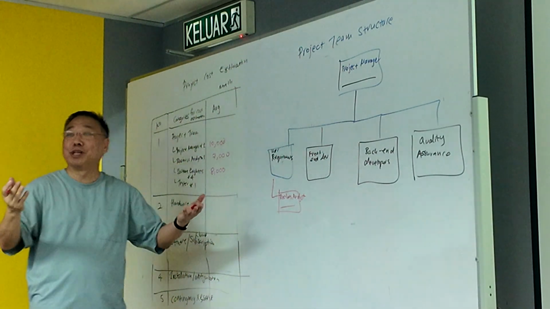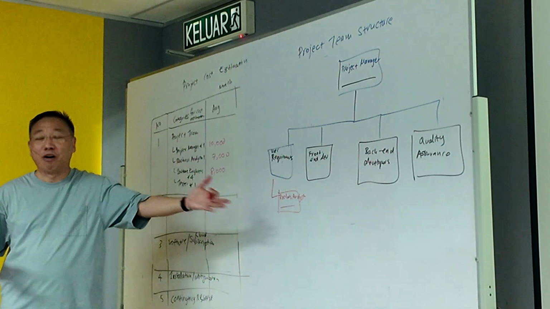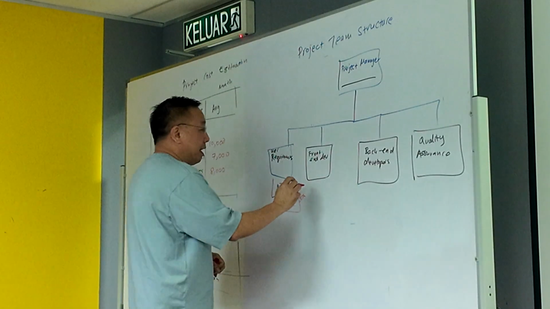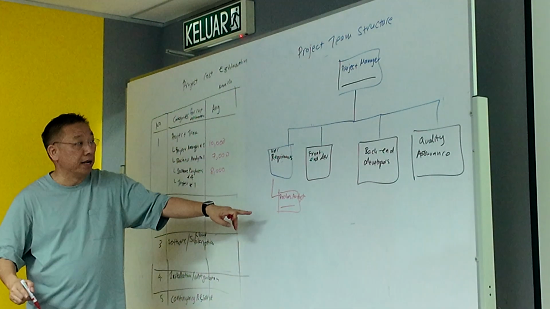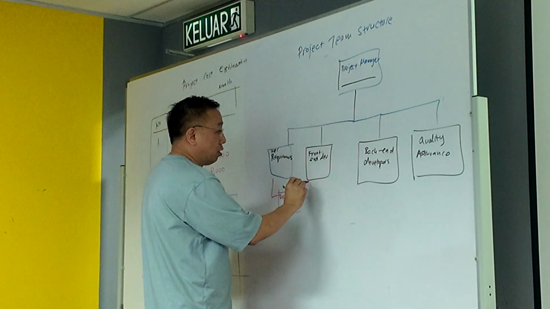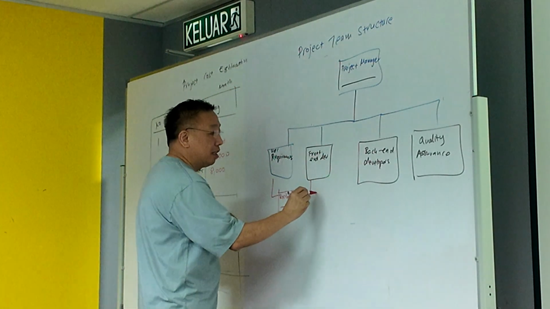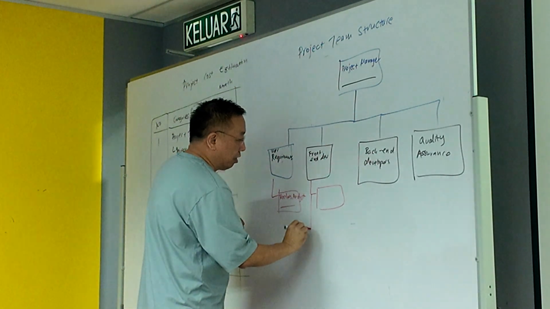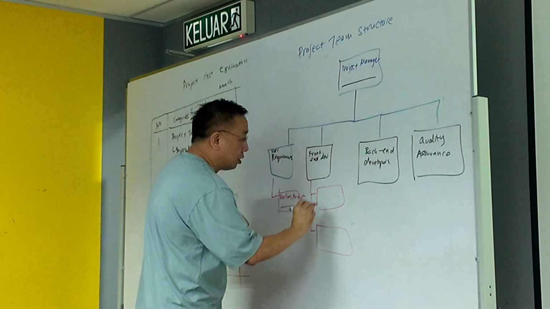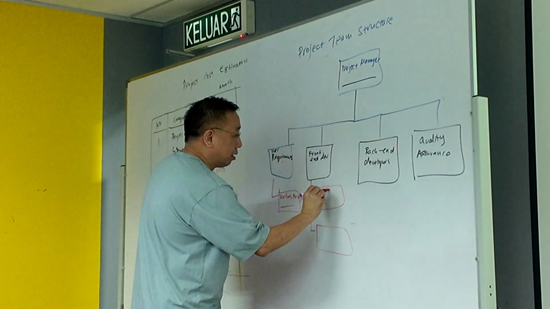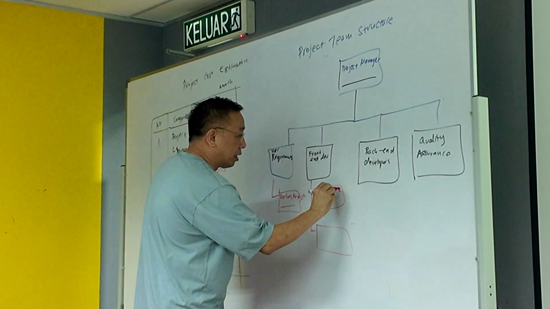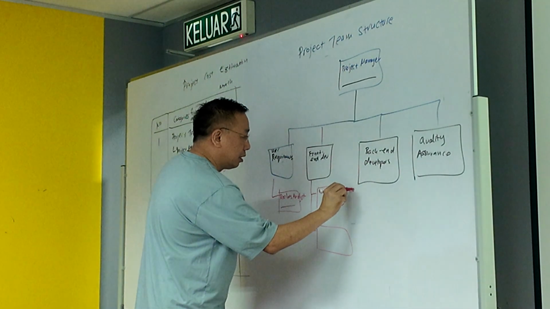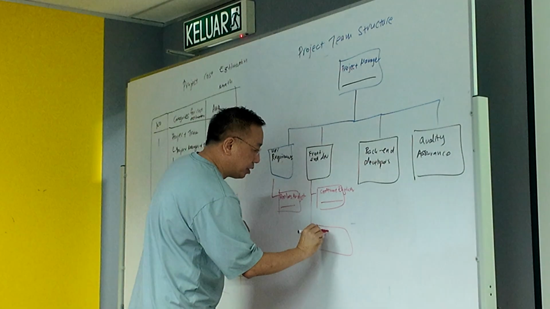You make up the names, so you can put members of your team in there or make up names, doesn't matter. Then I only need one, so I just draw one here, because I think one is enough, it's not such a big project. Front-end development, I might need two developers, so you just draw two here. Put the job title here, software engineer, and then this is the name, and software engineer.